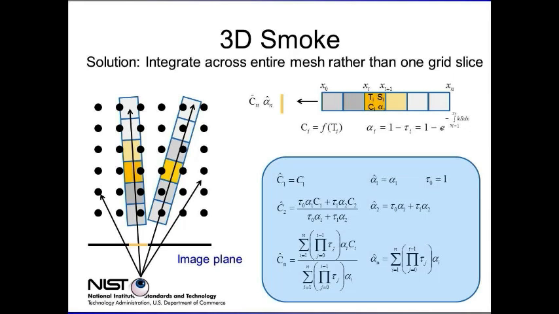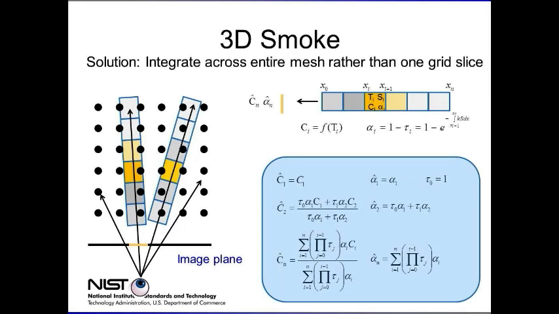Now, I use the density to integrate over this little box to get the transparency, and I use a color map, which is basically whatever color bar I'm using, to get a color. Now, if I want the picture to be realistic, I want it to look like a real smoke plume, then the color map that I need to use needs to be based upon real physics, maybe a black body temperature curve.